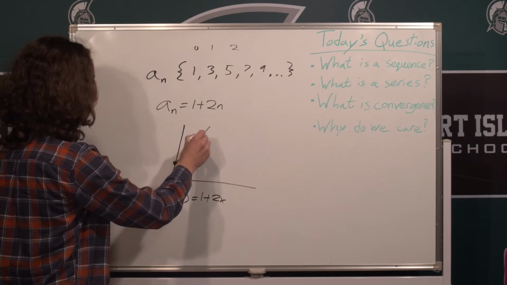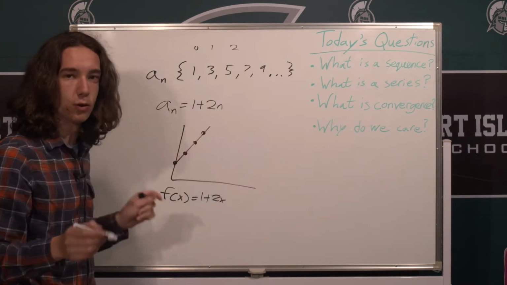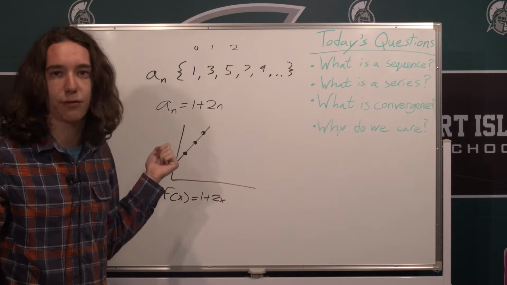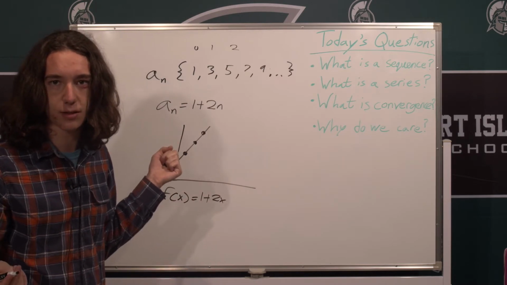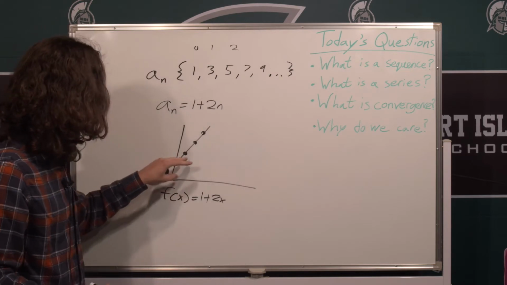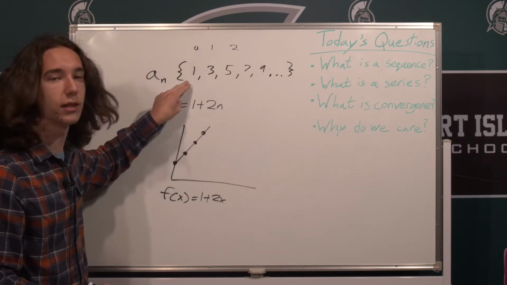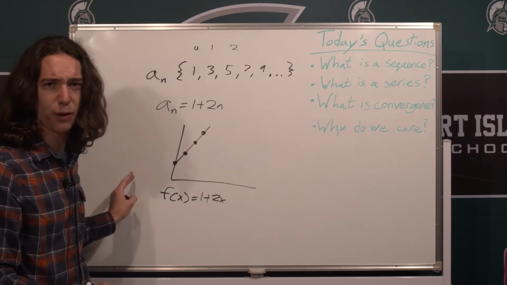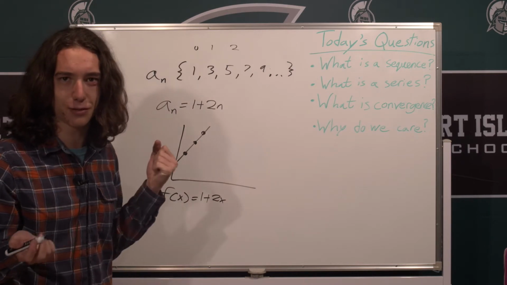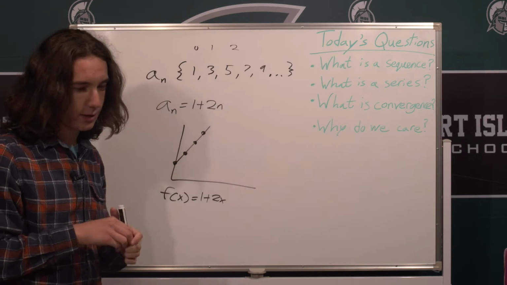It's just like the function, but it's only at the whole numbered increments. And that makes sense because there isn't a 1.5 entry in the list. There's the first entry, second entry, etc. And so you can think of these either as a list of numbers or as a function with all the icky fractions taken out. So it's actually simpler than most of what we've been working with.